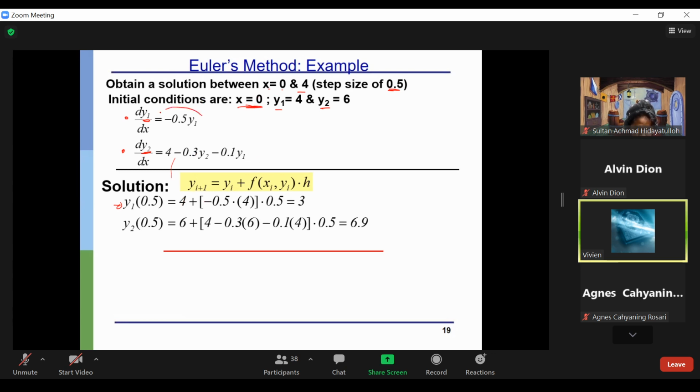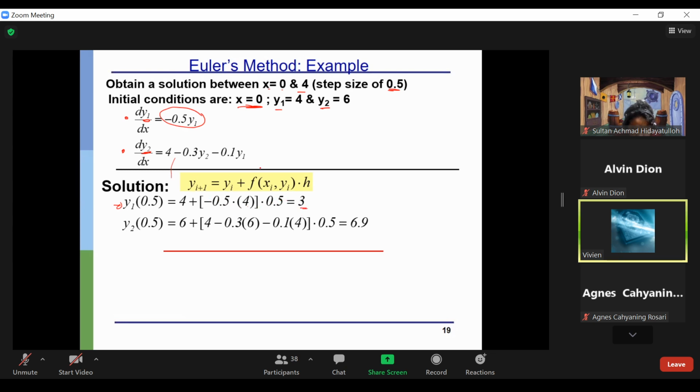The slope of y1 is this one, so we insert minus 0.5 times y1, the initial value, which is 4. So minus 0.5 times 4 times h, the step size of 0.5. The result will be 3.